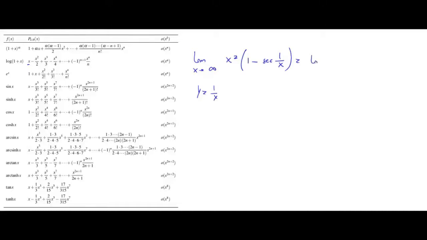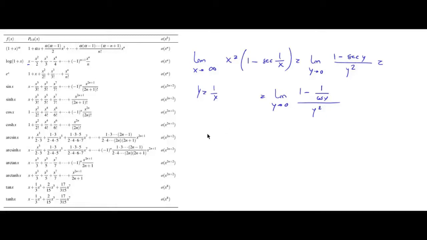So this is the limit when y goes to 0 of 1 minus the secant of y divided by y squared, right? And the secant is just 1 over the cosine, right? So this is the limit when y goes to 0 of 1 minus 1 over the cosine of y times y squared, right? So can we approximate 1 over the cosine?